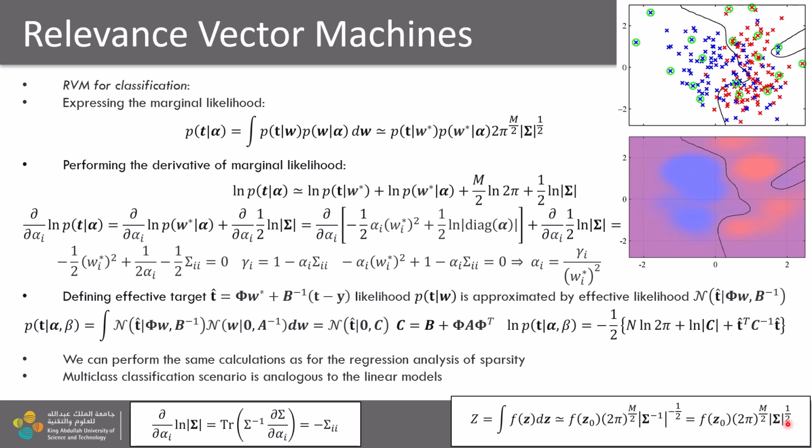Now here we can see how we can basically solve this integral, and for that, for the Z0, we are in fact using the most likely W as a posterior probability mean, which, as a product of these both terms, will serve as this f of Z0.